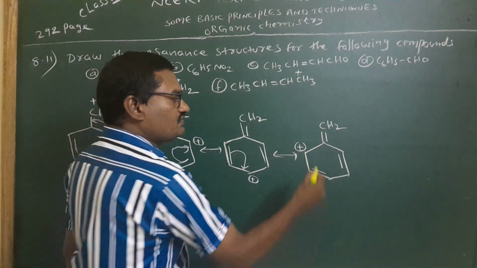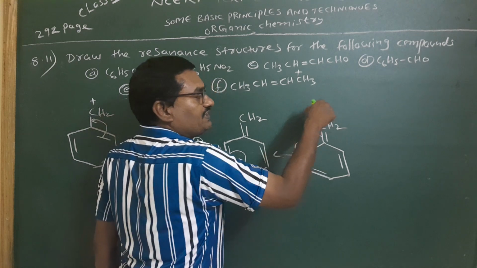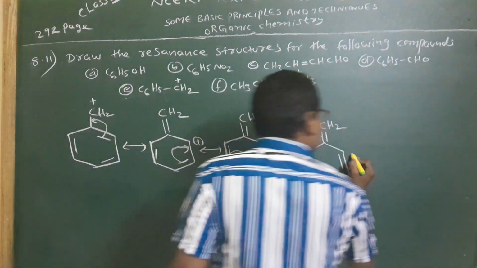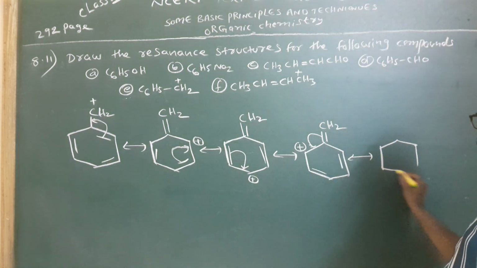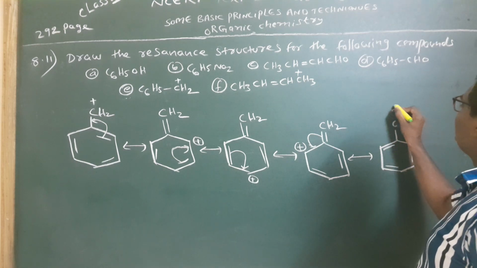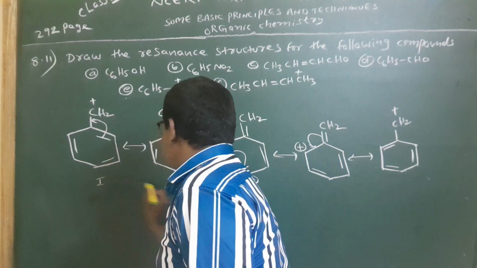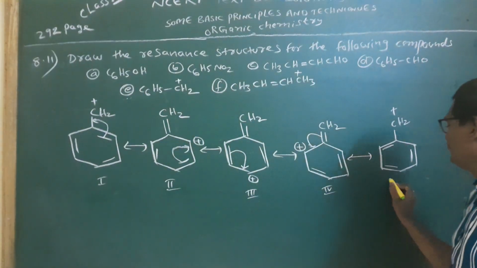Next, the last one, this pi bond converted to this place, this plus converted finally to CH2 plus. Here pi bond, here pi bond, here CH2 plus. So it is the first structure, second structure, third structure, fourth one, fifth one.